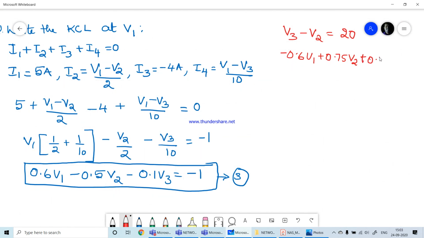The last equation is 0.6 V1 minus 0.5 V2 minus 0.1 V3 equals minus 1.